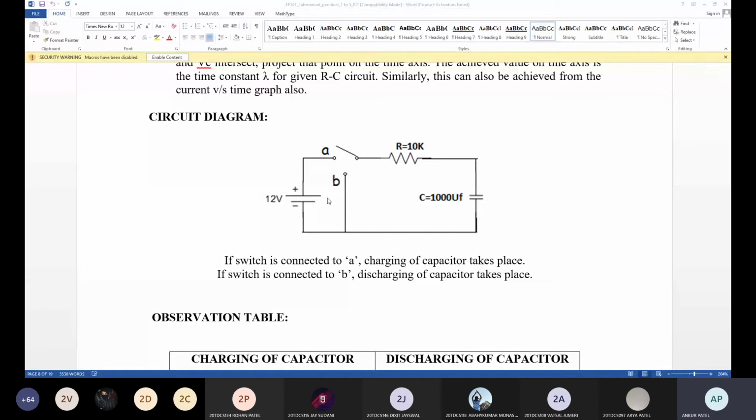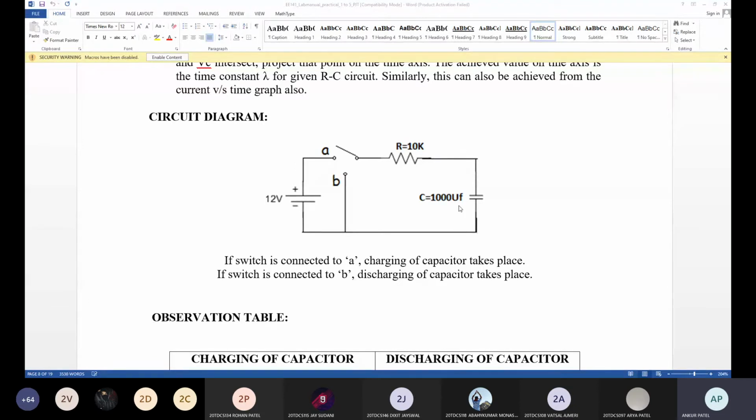So when we apply this 12 volt to charge the capacitor, the capacitor has no charge. So the whole supply voltage momentarily acts across the resistance, so that becomes V max by R. So current becomes maximum initially.